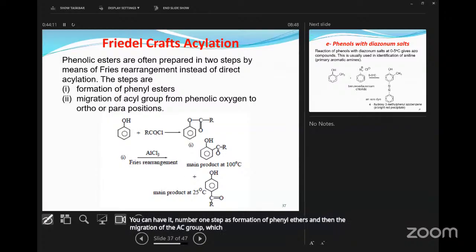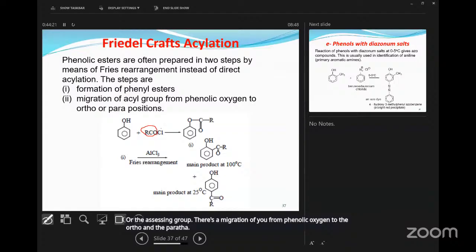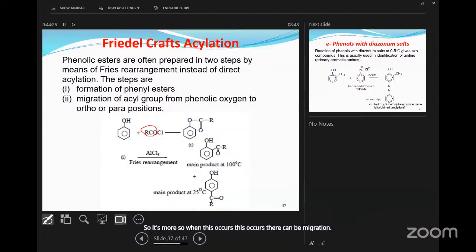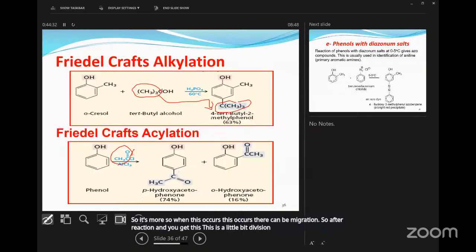This is the Ac group I've been mentioning. You can call it the Ac group or the acetyl group. There's a migration of it from the phenolic oxygen to the ortho and the para. So it moves. So when this occurs, there can be migration. So this is a little bit of deviation from what we had before.